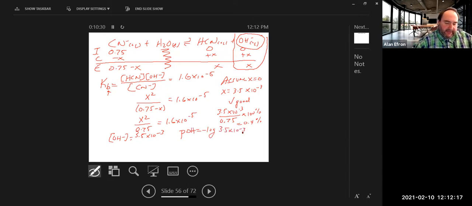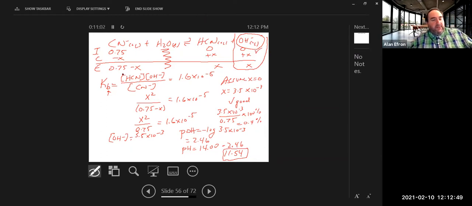And that would get us a pOH maybe like 2.46. Getting our pH by subtracting from 14 gets us, I think, what was asked before, 11.54 as our pH. And that does make sense as it is obviously basic in this particular case.